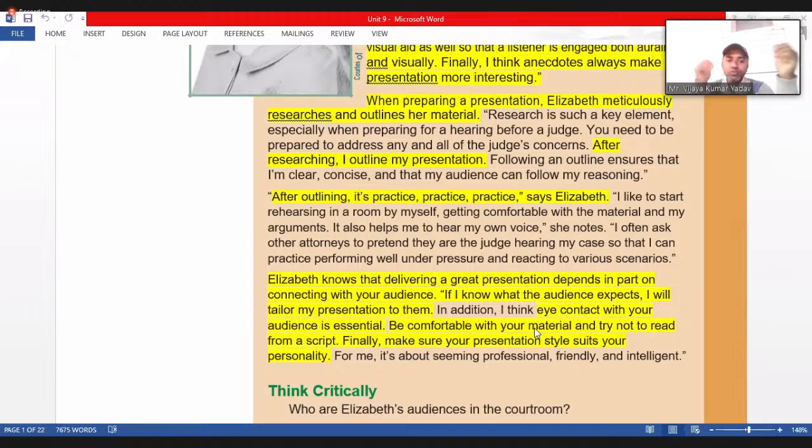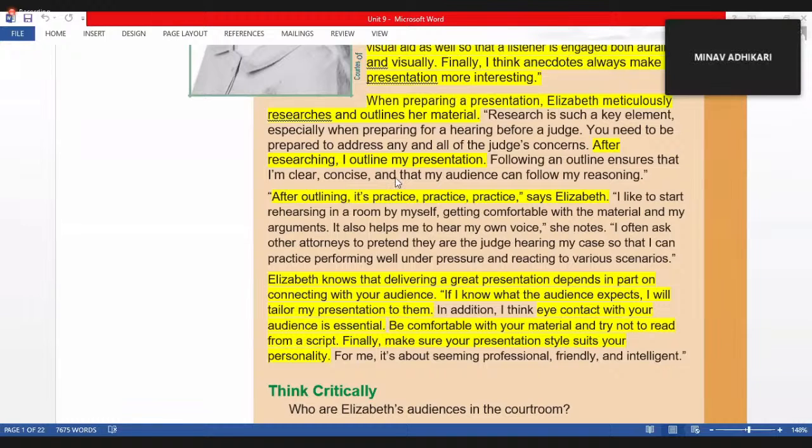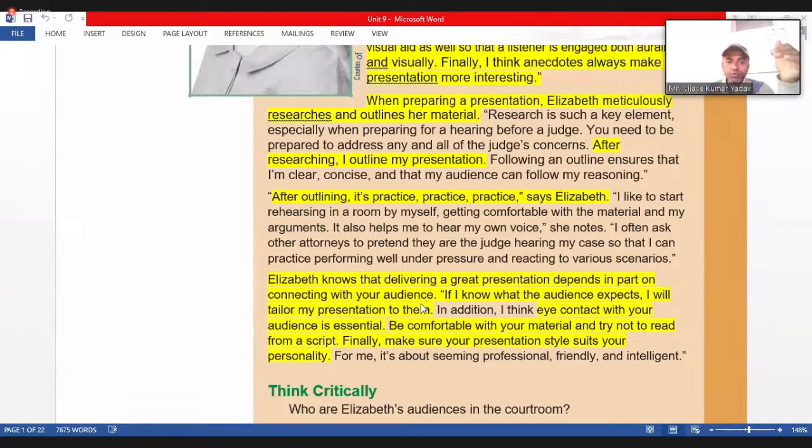So that's why you must have the complete knowledge of the audiences. Are you following? Yes, sir. Okay. So connecting with your audiences means you must have the knowledge of audience.